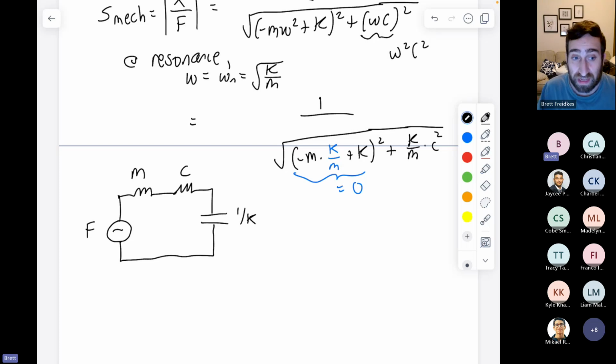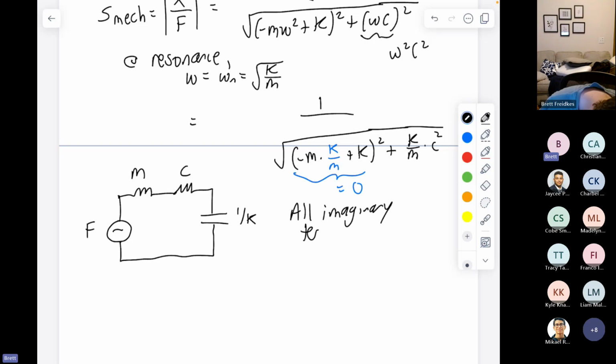What we see is that everything that has an imaginary component, you have j omega m, 1 over j omega times the compliance, 1 over k, all imaginary terms go away at resonance.